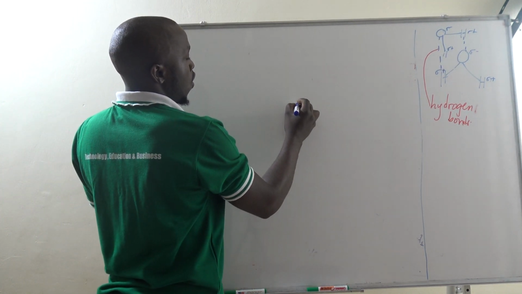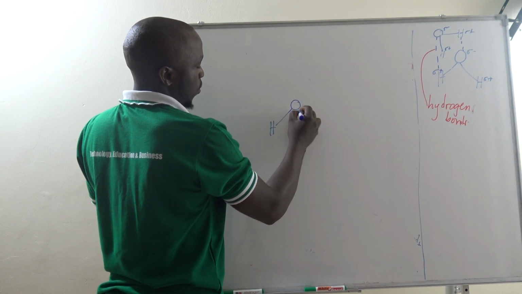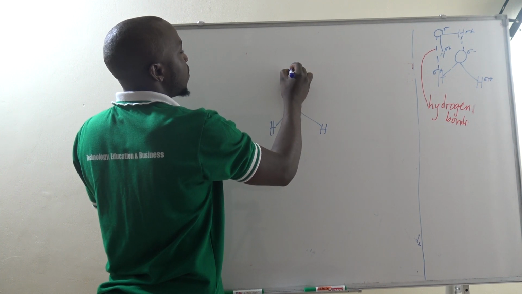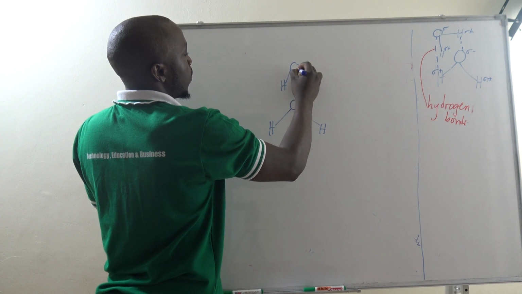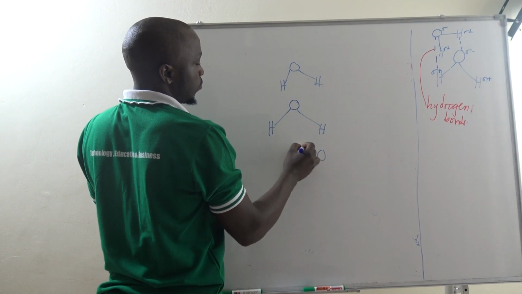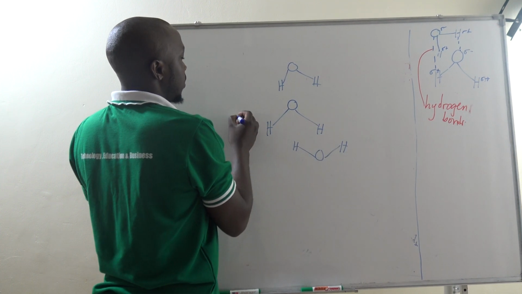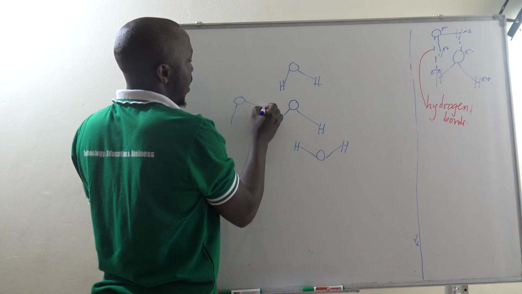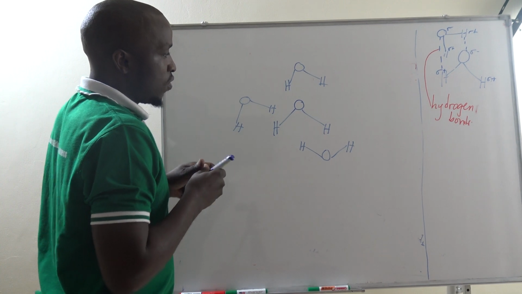So I've said one water molecule can be found surrounded by various water molecules. Let's say 4 water molecules are found linked together by hydrogen bonds.